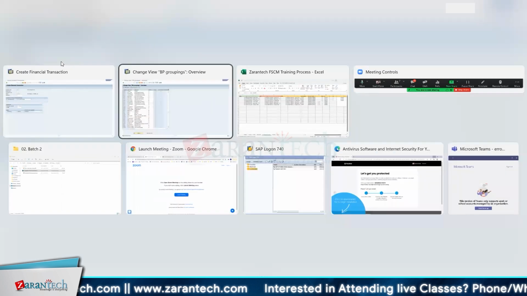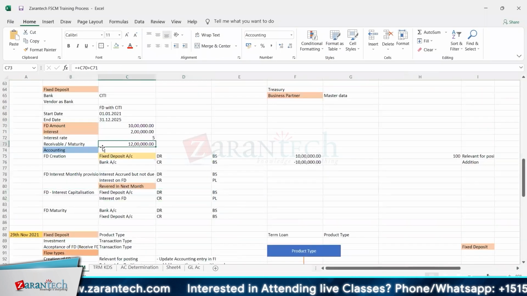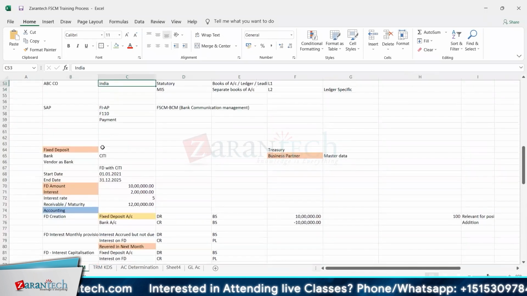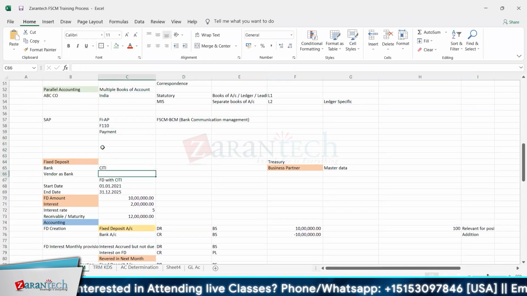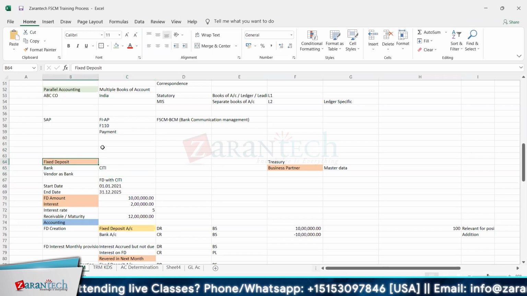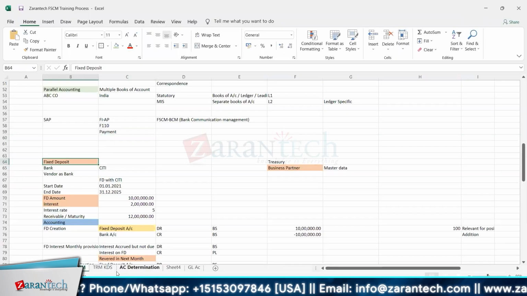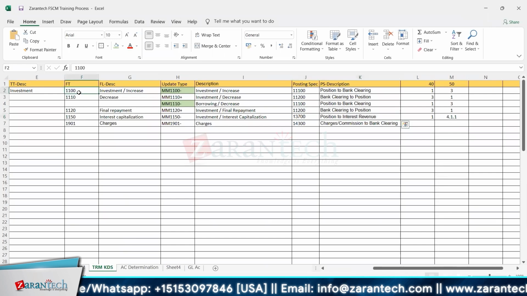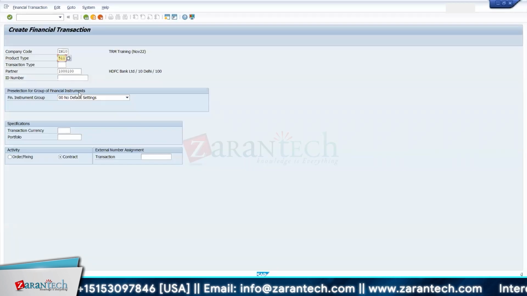Like in our example also, when you create this fixed deposit, definitely you have to create it for your company code, then product type. So the product type I have is 511.